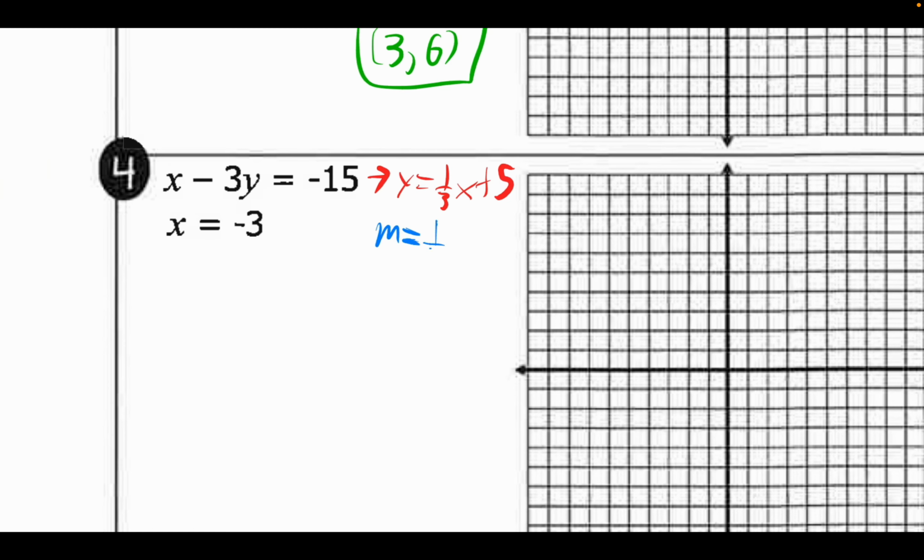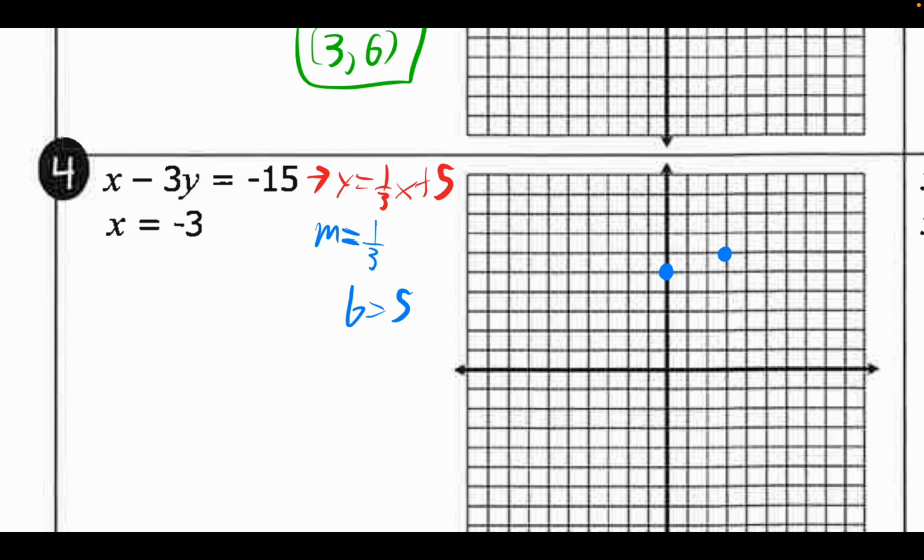So the slope on this first equation is 1/3, where the b is 5. And I graph the other equation.